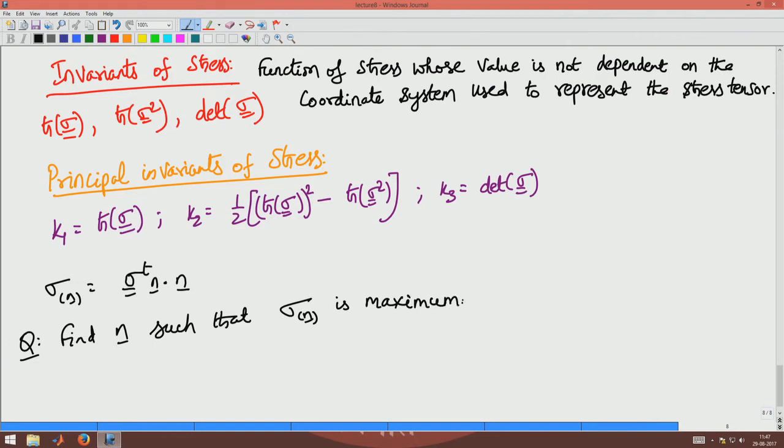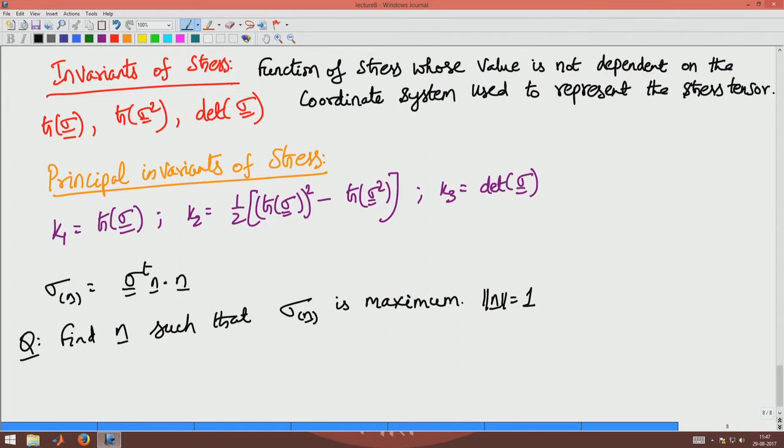You know that n should be a unit vector, so you want the norm of n to be 1. What does this mean? The tensor sigma is given, and you have to find the 3 components n1, n2, n3 of n such that this quantity, sigma n dotted with n, is maximized.